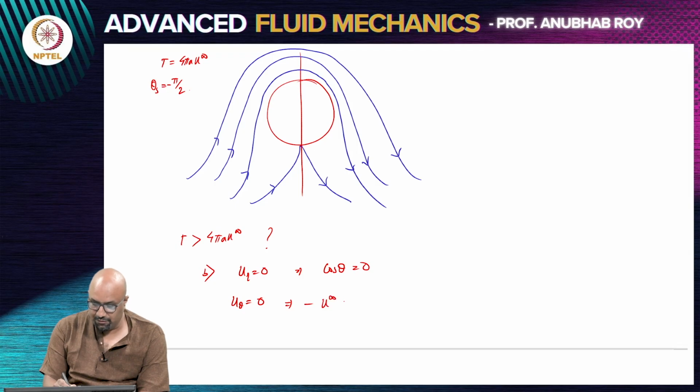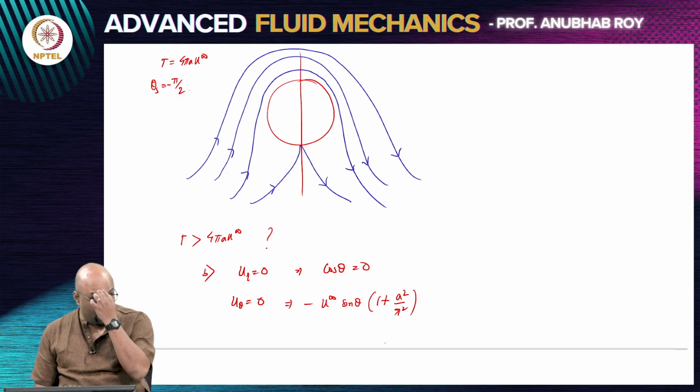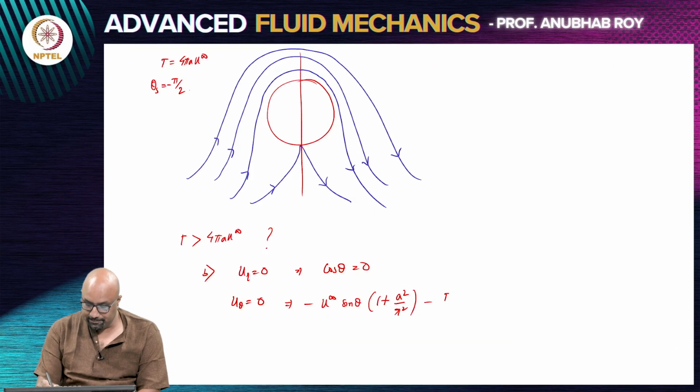So, for u theta to be 0, we would require minus u infinity sin theta times 1 plus a square by r square, where we are keeping r as something that is not necessarily at a, and then minus gamma by 2 pi r.